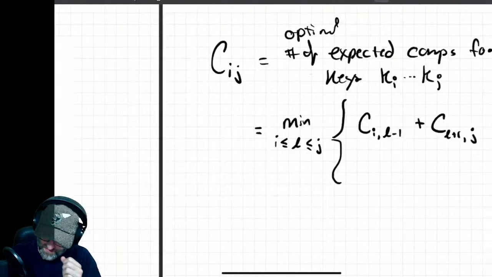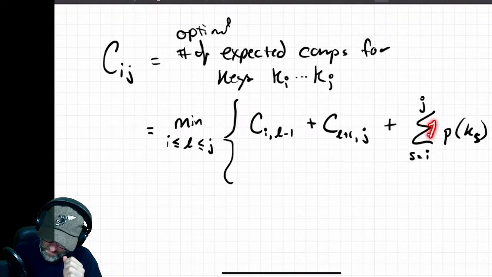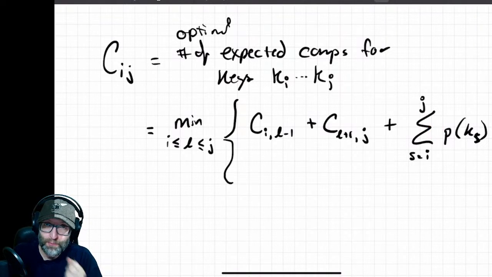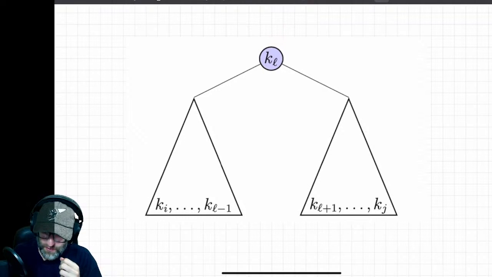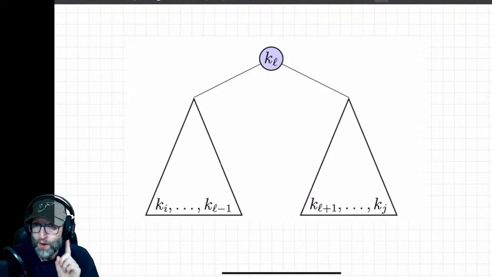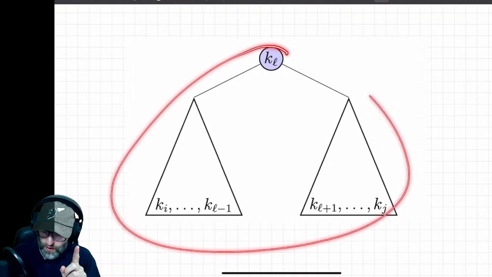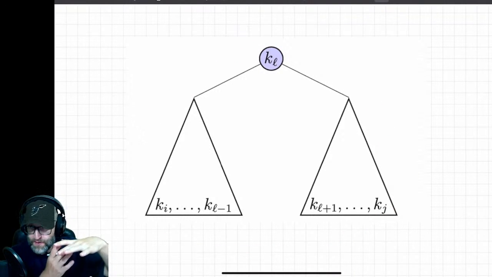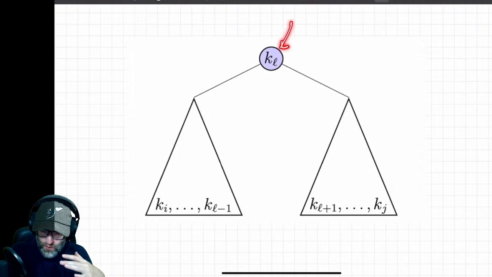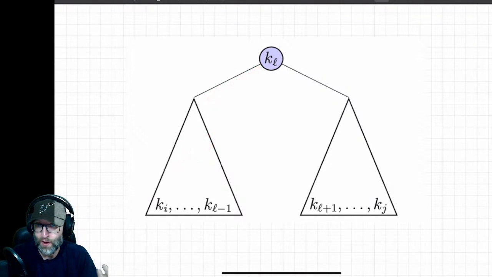And why? Because there's a 1 sitting out front here. 1 times the probability. Because I'm increasing the size of the tree, meaning that I'm adding one more comparison for all of these nodes in the trees. Because I'm necessarily making it lower, and so to even get there, I need one more key comparison. Whatever key comparisons are over here, they're one less as well because I've built up this tree from above.